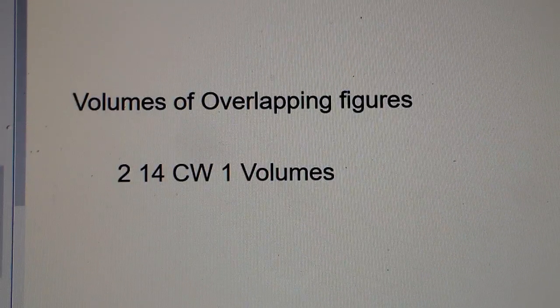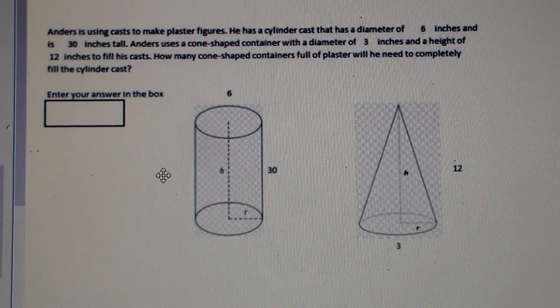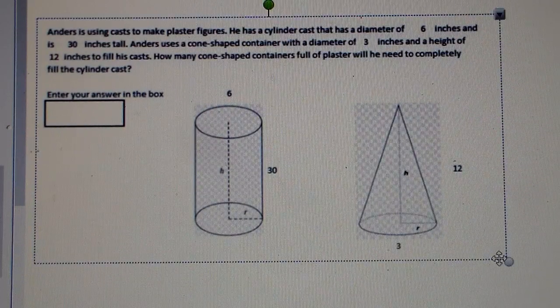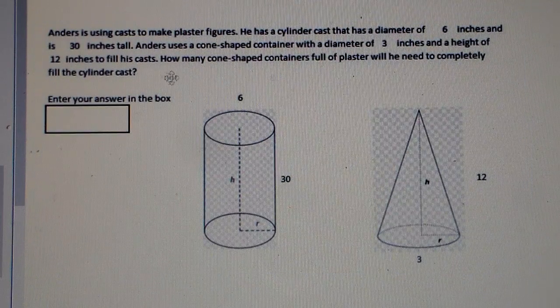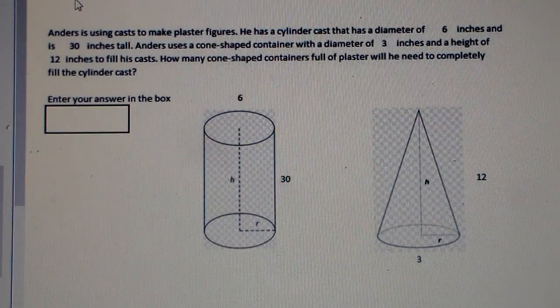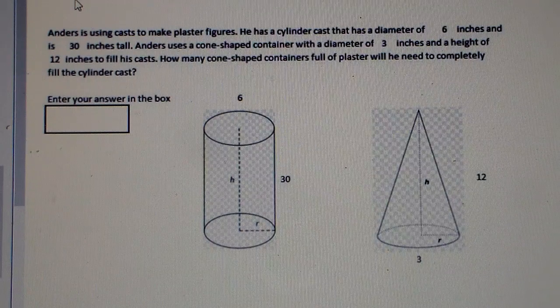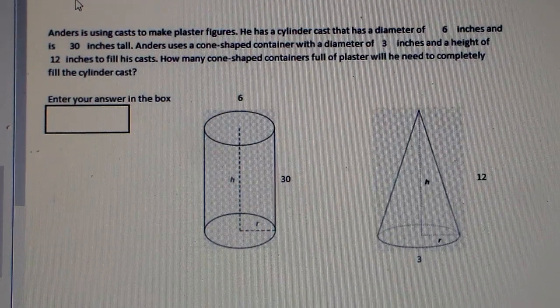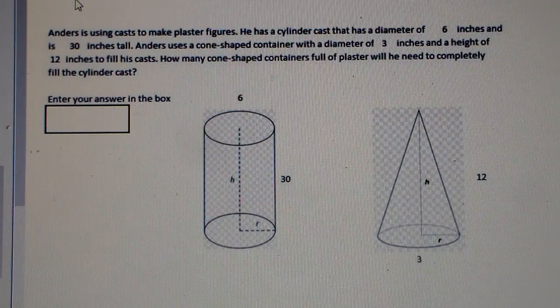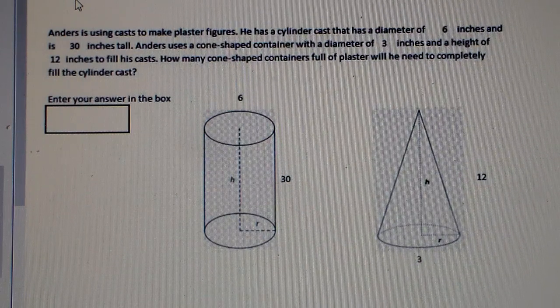Alright, so now some volumes of overlapping figures. That's where it looks a little bit tougher, but you can handle it, as all it is really is just 2 volume problems. So what this says is Anders is using casts to make plastic figures. He has a cylinder cast that has a diameter of 6 inches and is 30 inches tall, as we see here.